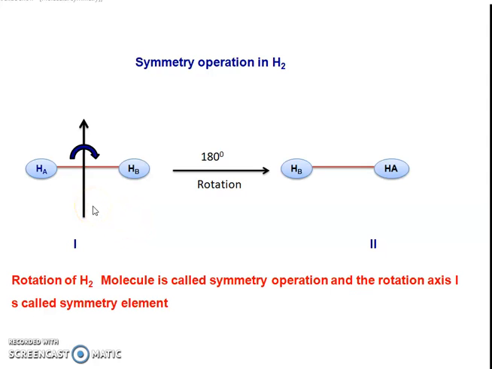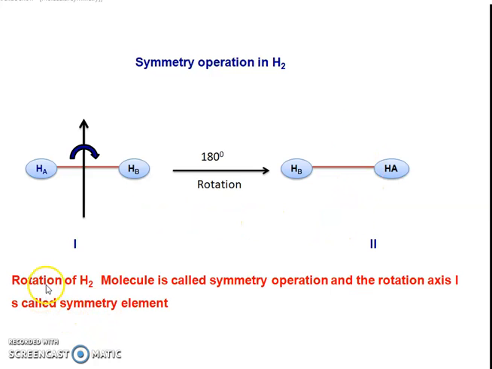In this example, we observe that after rotation by 180 degrees, HA is replaced by HB and HB is replaced by HA. After rotation, what type of operation has been done?